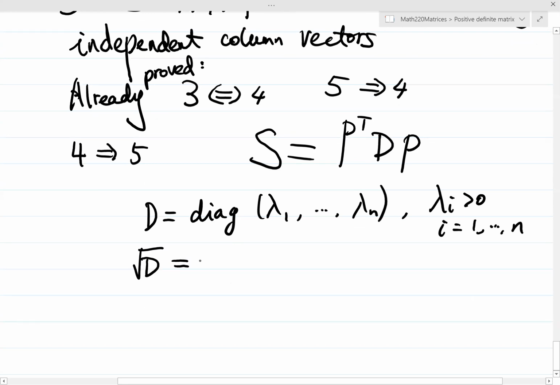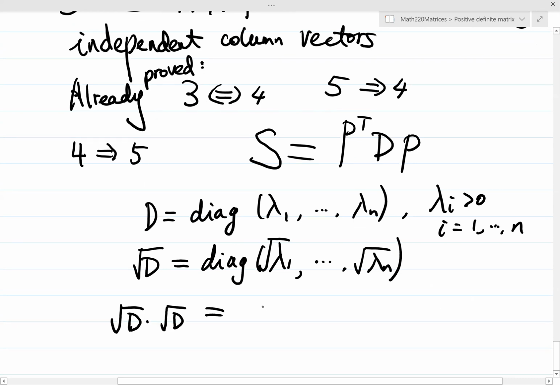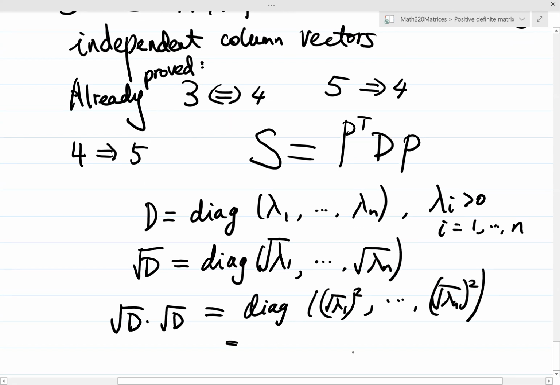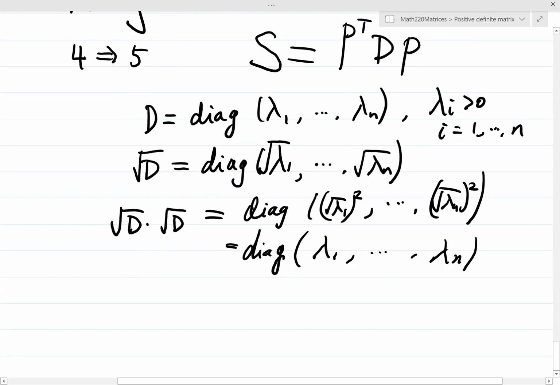Square root of D is diag(square root lambda 1, ..., square root lambda n). You check square root D times square root D is exactly diag(lambda 1, ..., lambda n), which is D. So we can define square root D.